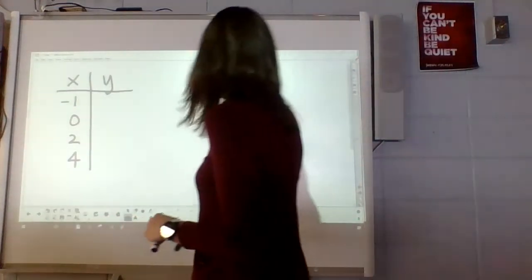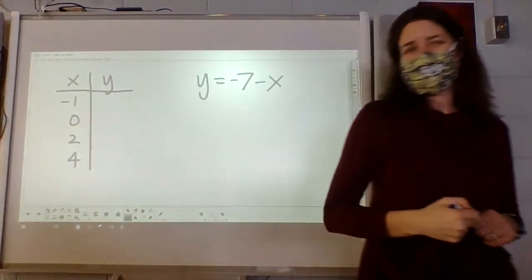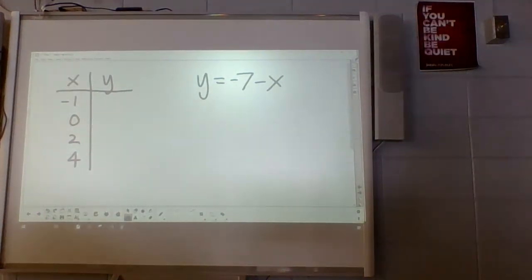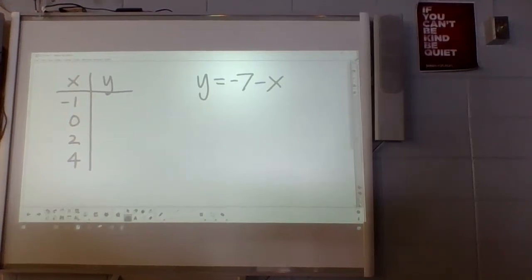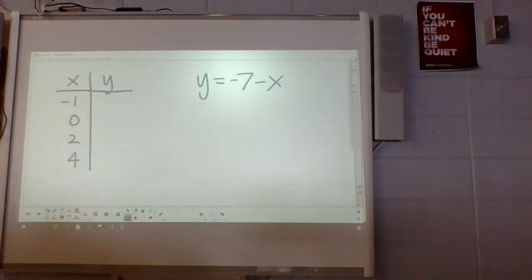Actually, let me change that. Let's make it a negative. A negative 7 minus x. Think about what that minus x is asking you to do. I'll move out of the way, sorry. I'm guessing this first one's going to be a little bit rough. Hopefully.